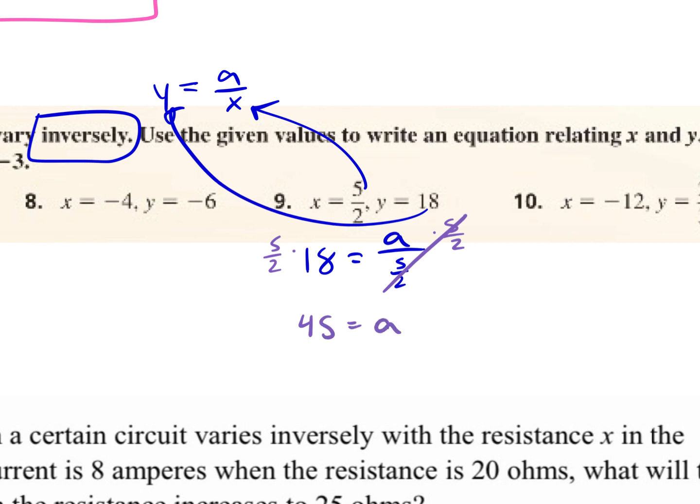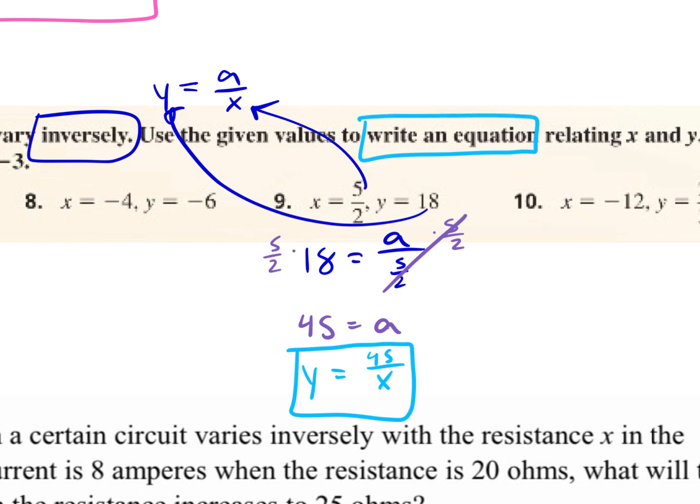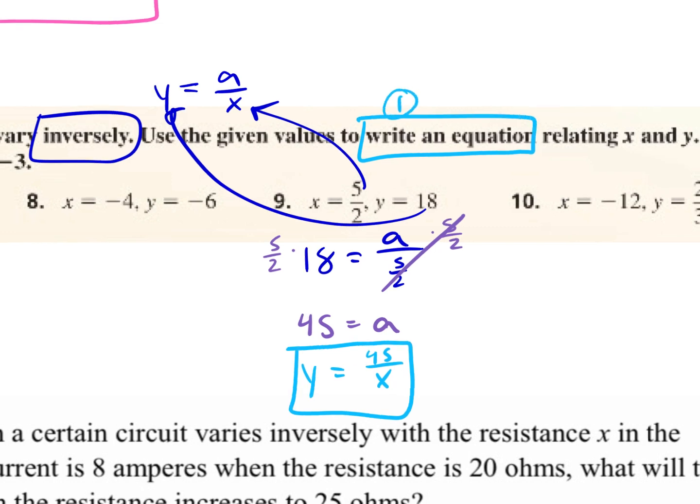So 45 is equal to a. And then we got to plug it back in. So y is equal to 45 over x. So this is our equation because it says write an equation. That's question number 1.